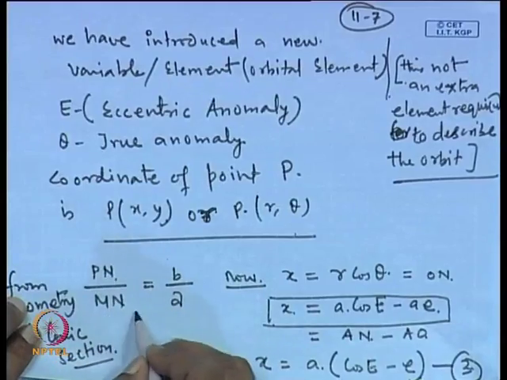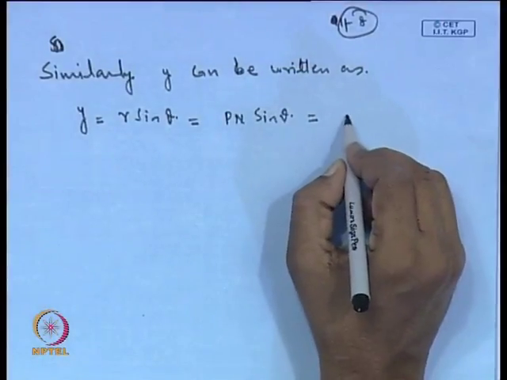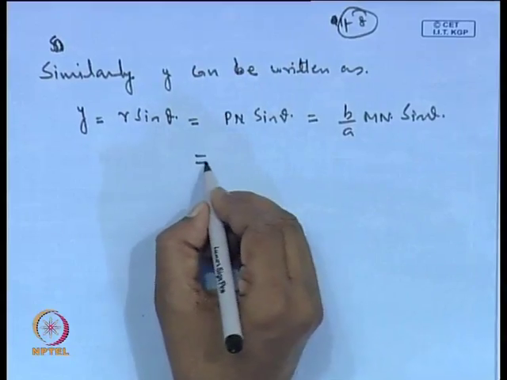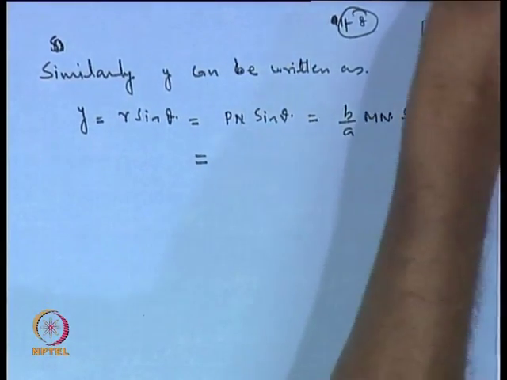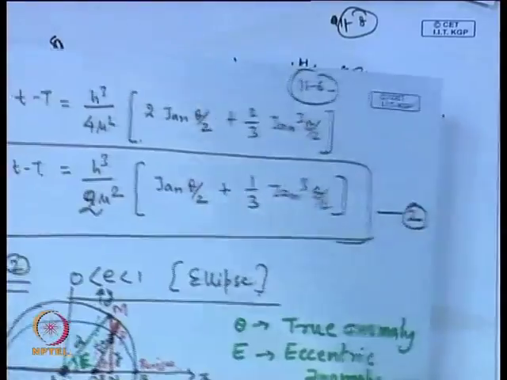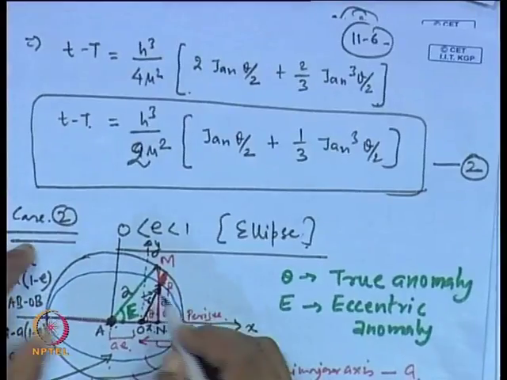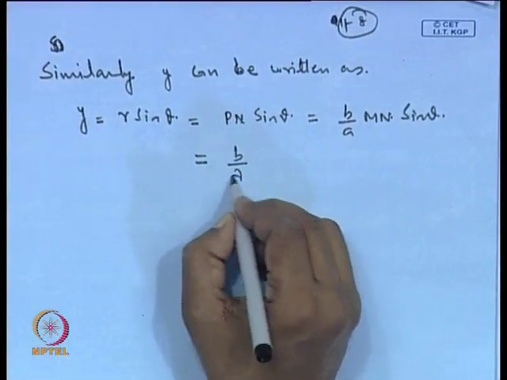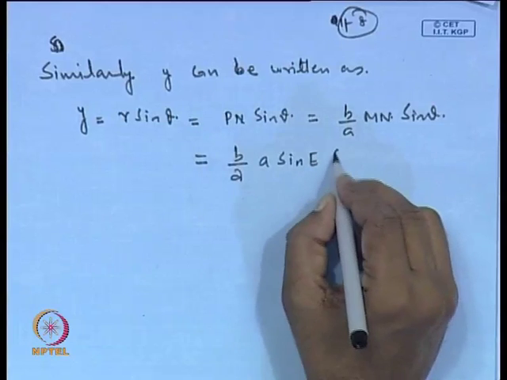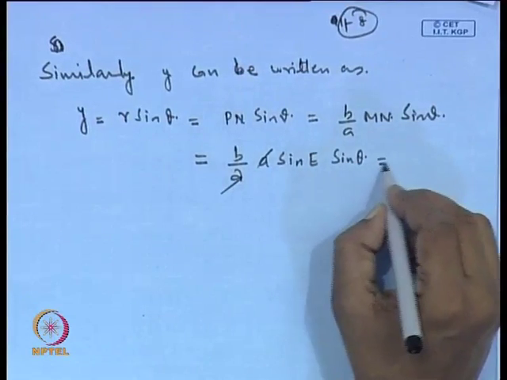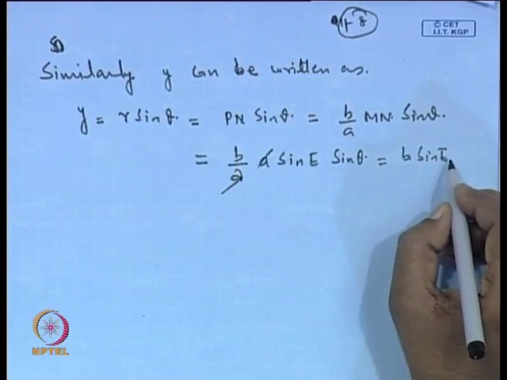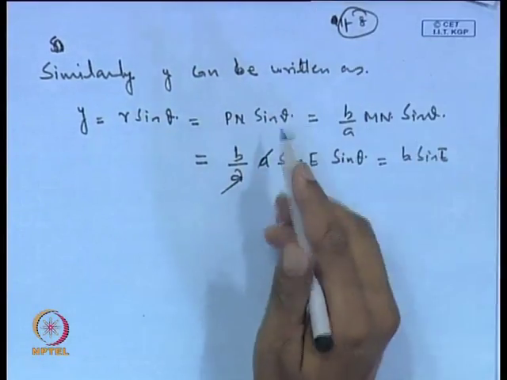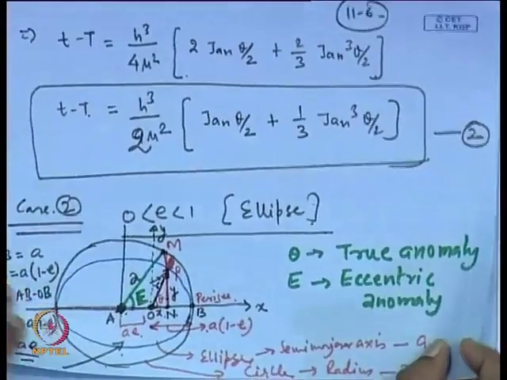So, we can use the relationship P n by m n is B by A. So, P n is equal to B by A times m n, and m n is the quantity from here to here, m n is nothing but A sin E. So, this A cancels out, this becomes B sin E. So, r sin theta is equal to P n. We do one correction here.